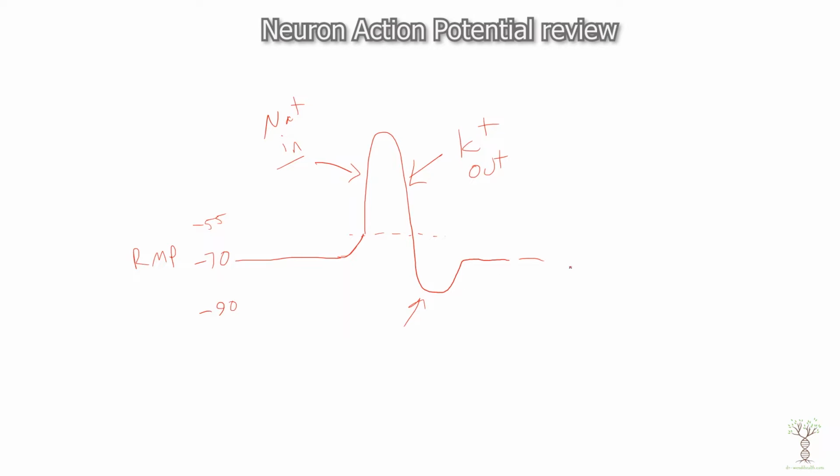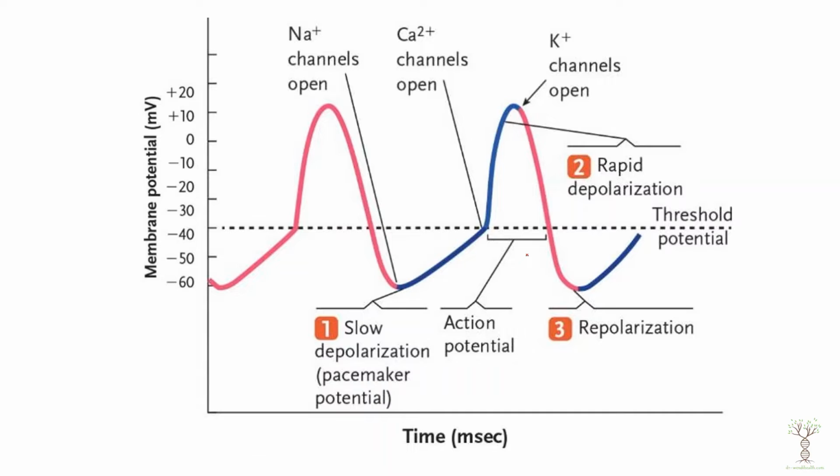In the SA node, this is a little bit different. So now we don't have a resting membrane potential. There is no point when the SA node is at a constant resting voltage. So at about minus 60 millivolts, there is a change in the charge automatically.